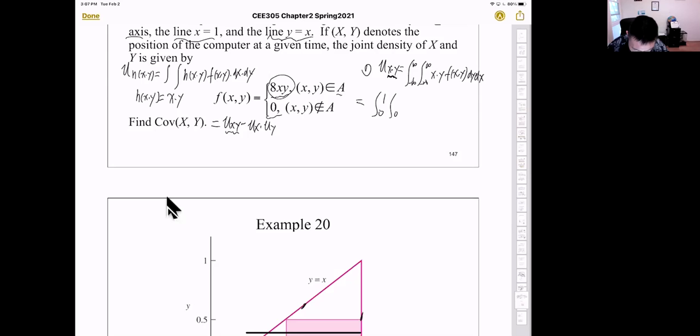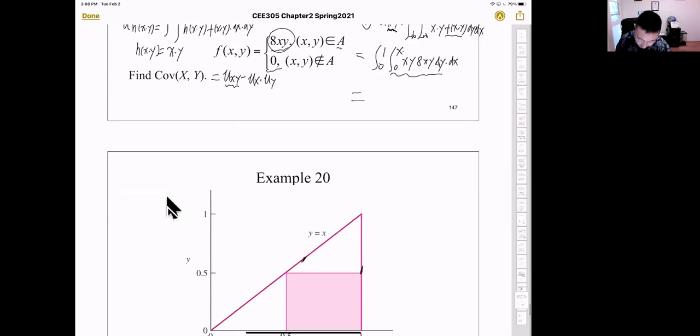Then let's pay attention to the range. With f(x,y) being 8xy, let's do the dy first, and then do the dx second. The range for dy is between 0 and x. Why 0 and x?